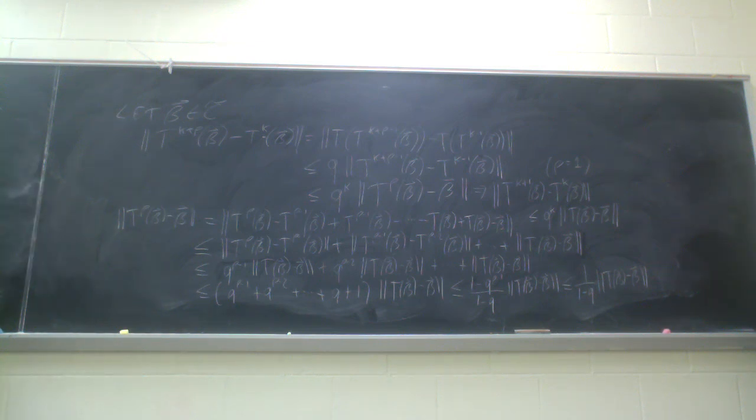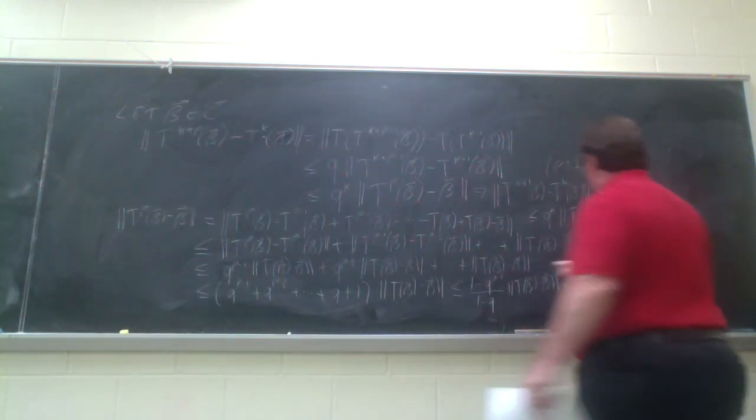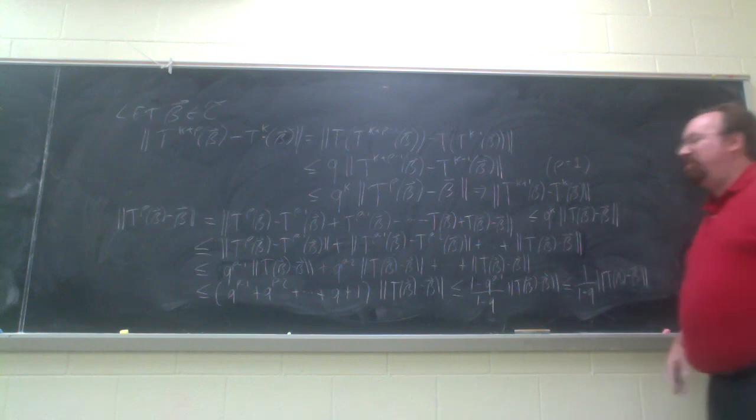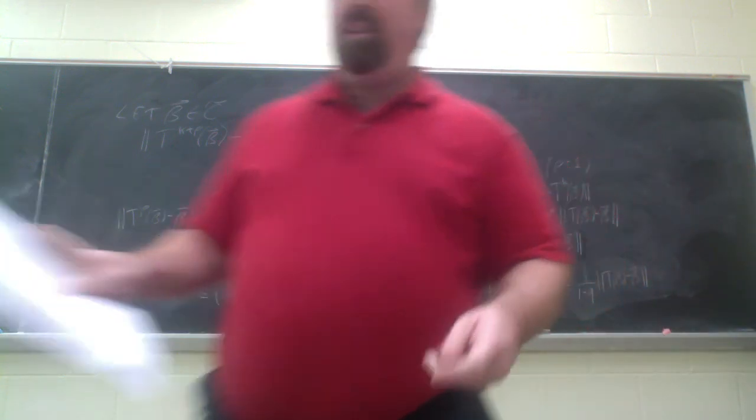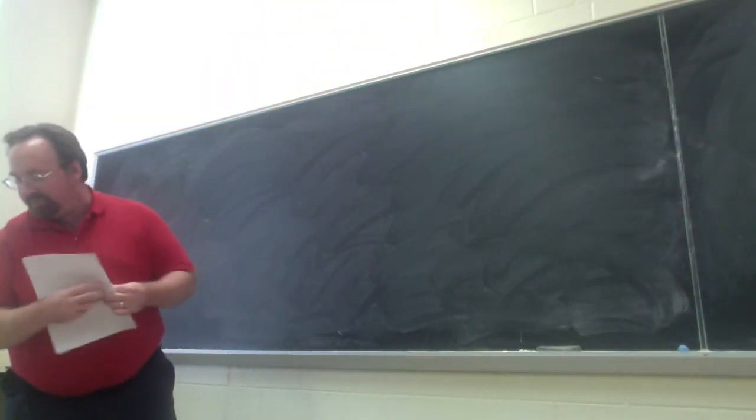Why did the q go away in the numerator? Just because 1 minus q to the p is less than 1. Right. And all I care about is an upper bound, because I can replace that by any expression that makes it bigger. So in fact, I could have said strictly less than, but there's really no need to.